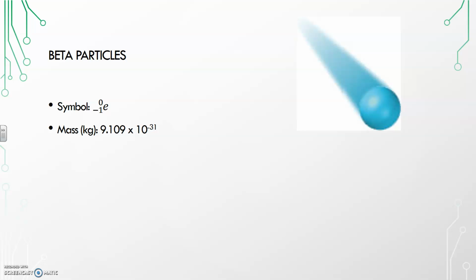Here we have 10 to the -31. So this has negligible mass. It's almost not there. But it does still have that -1 charge. So it can still interact with different things in its environment, but it's not necessarily going to do that through its mass and through hitting something.